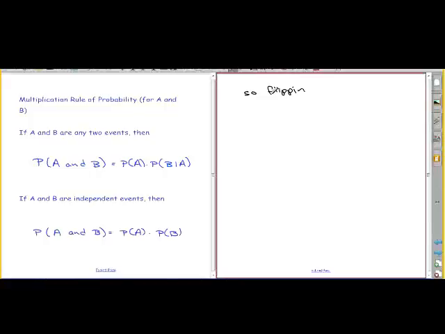So flipping a coin twice. If I said, what's the probability of getting heads on the first flip and a heads on the second flip? So it's an and question here.